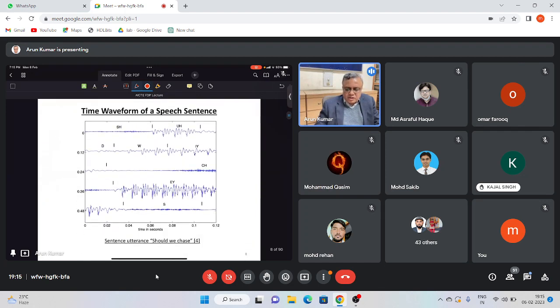Now, in this plot, you can see the time waveform of a speech sentence. So this is recorded by a microphone and converted into an electrical signal. So the y-axis will be the voltage, and the x-axis, which runs across several panels over here, is the continuation of the speech sentence.